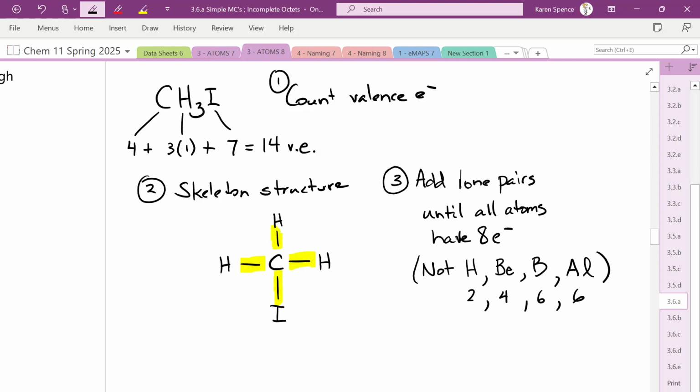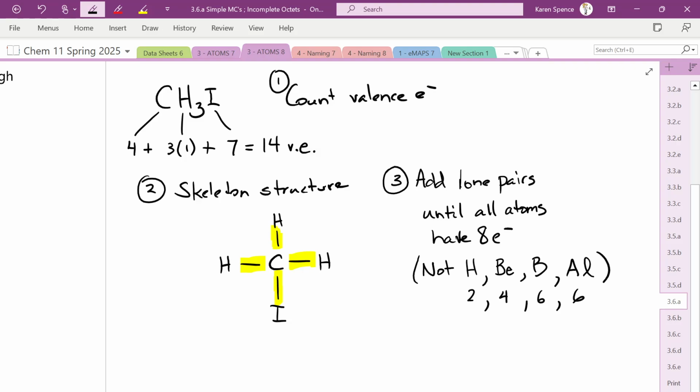So who needs electrons here? Who does not have 8 electrons? Who needs 8 electrons? Does hydrogen need electrons? No, because it's got a bond that gives it 2 electrons. Does carbon need electrons? No, it has 4 bonds.